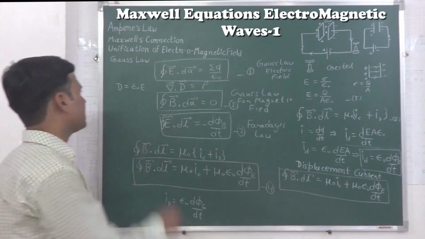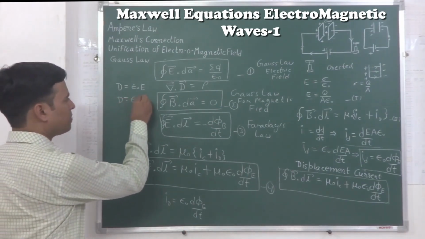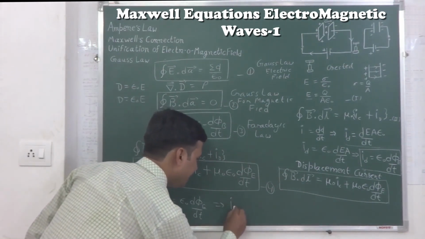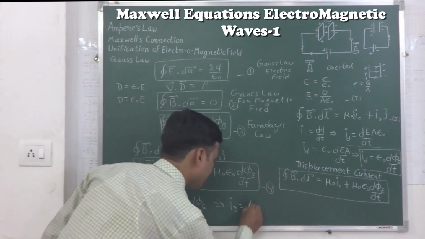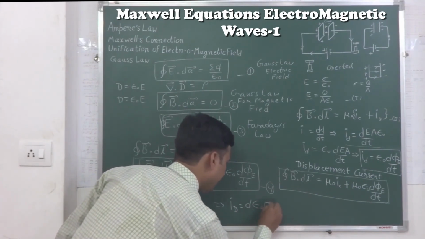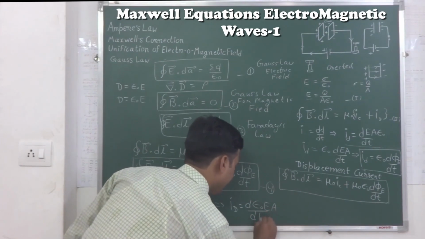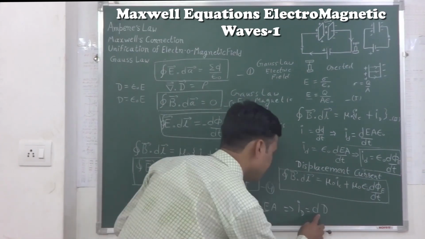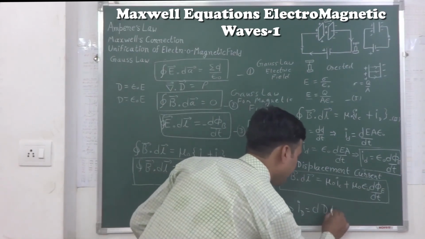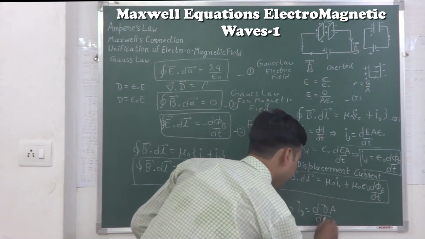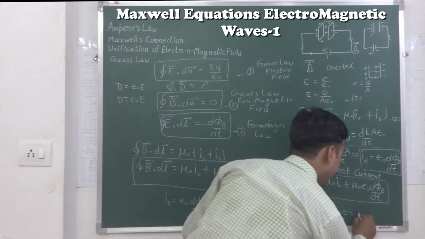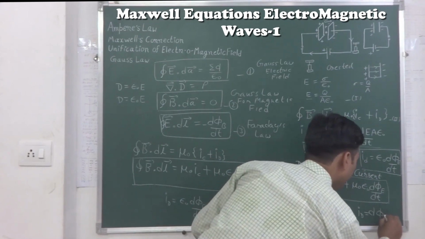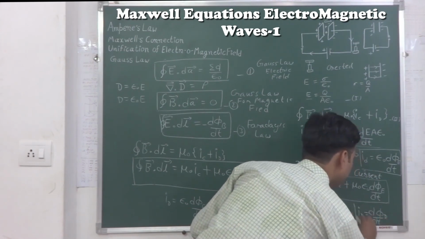If we use the notation D is equal to epsilon naught E, then we can write I_D as d of D times A upon dt, or the displacement current I_D is equal to d phi_D upon dt.